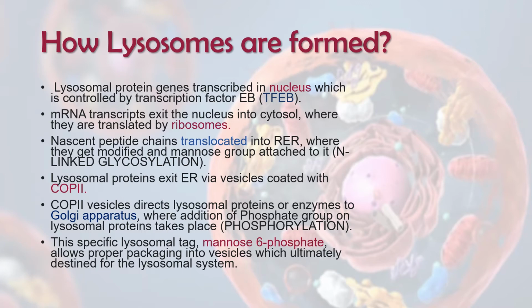But these vesicles contain hydrolytic enzymes. So the next question is where these hydrolytic enzymes come from. We also know that all the enzymes are proteins. So let's go back and take a look at how proteins are formed.